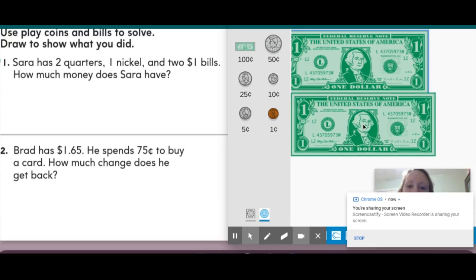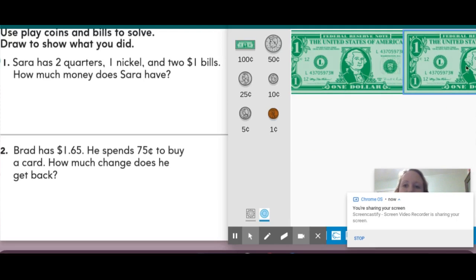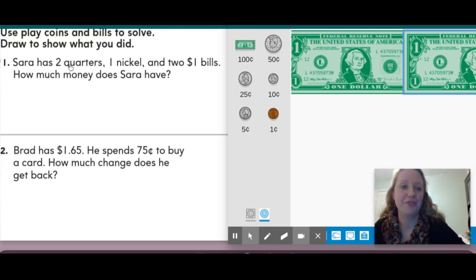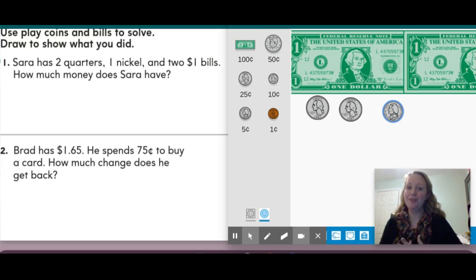Don't forget, you have to pay close attention to the words here. 2 $1 bills would give us a total of $2. 2 quarters, I count by 25s, 25, 50. 1 nickel brings me to $2.55. So Sarah's total value is $2.55. I'm going to clear my screen now.